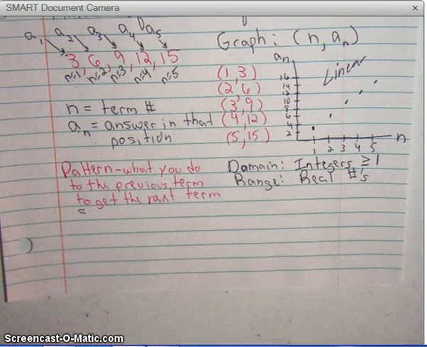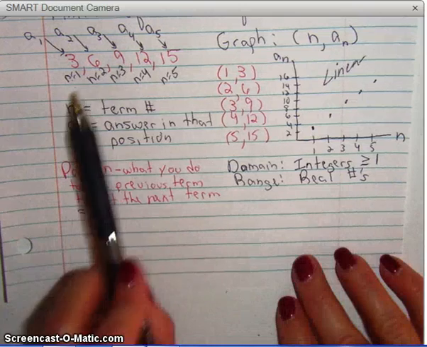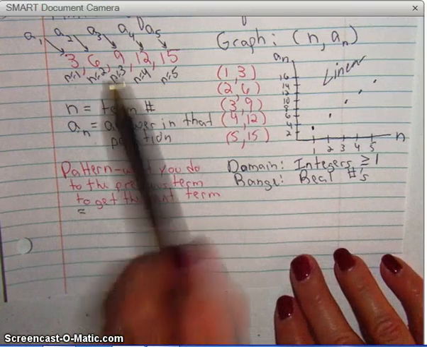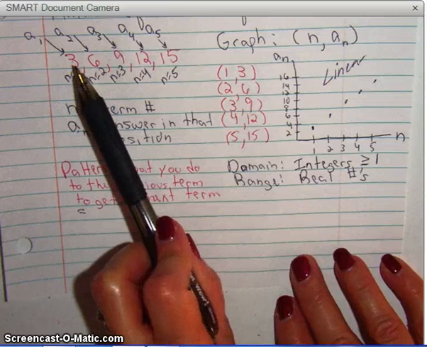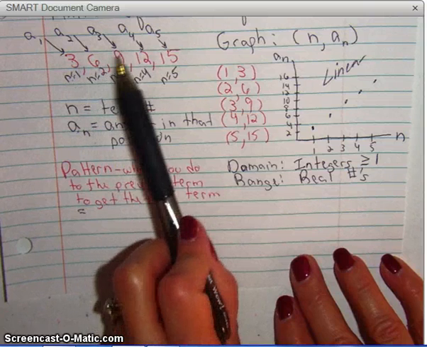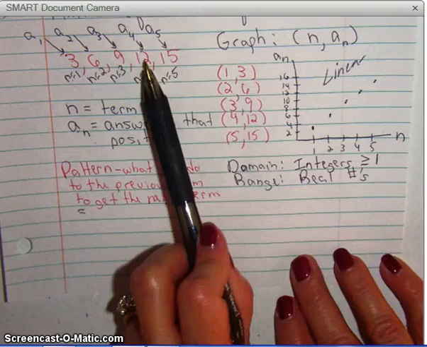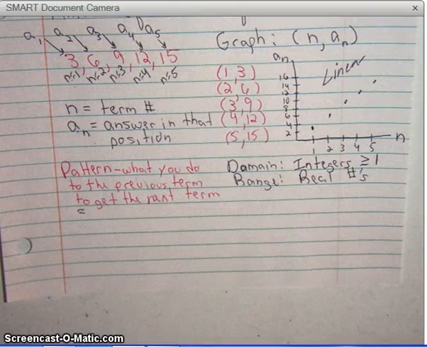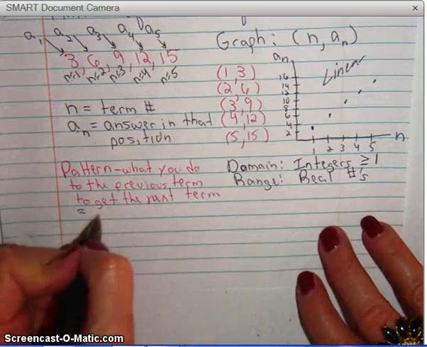So it has nothing to do with the term number. It's just, what's the relationship between 3 and 6, 6 and 9, 9 and 12, 12 and 15. Anybody see the pattern? What are we doing every time, Autumn? Add 3. That's the pattern.